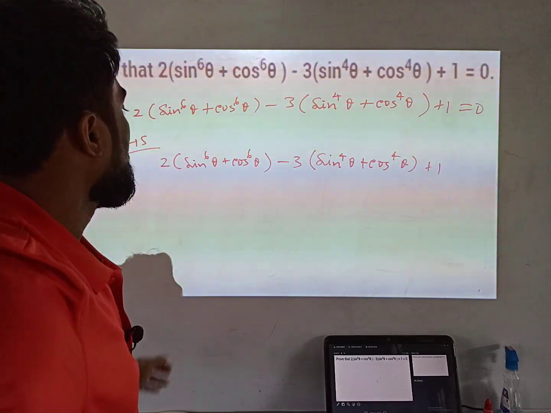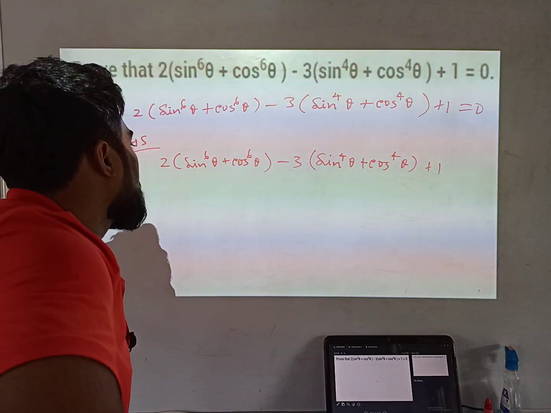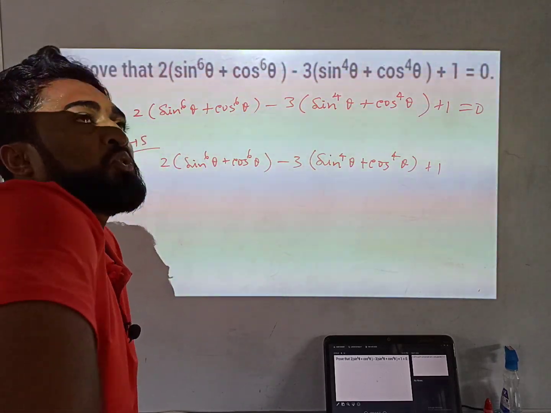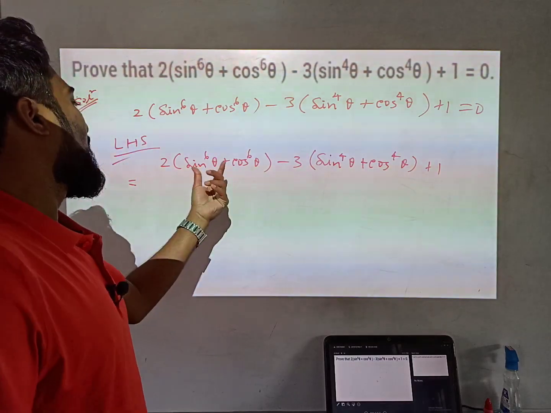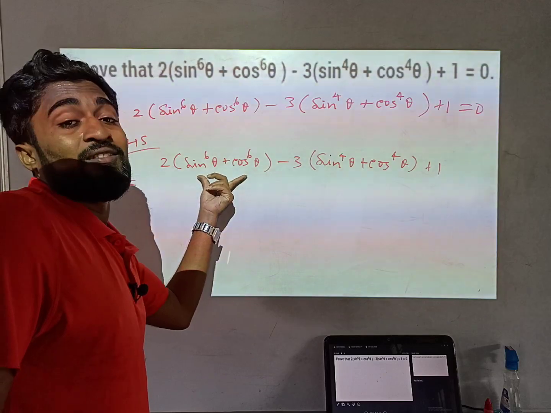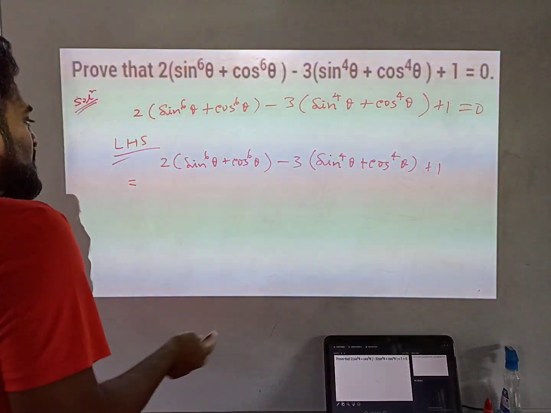How to manipulate this? We know only one thing regarding sine and cos, that is sin square plus cos square equals 1. So we need to manipulate this part in such a way that we can use sin square plus cos square equals 1. Otherwise there is no use.